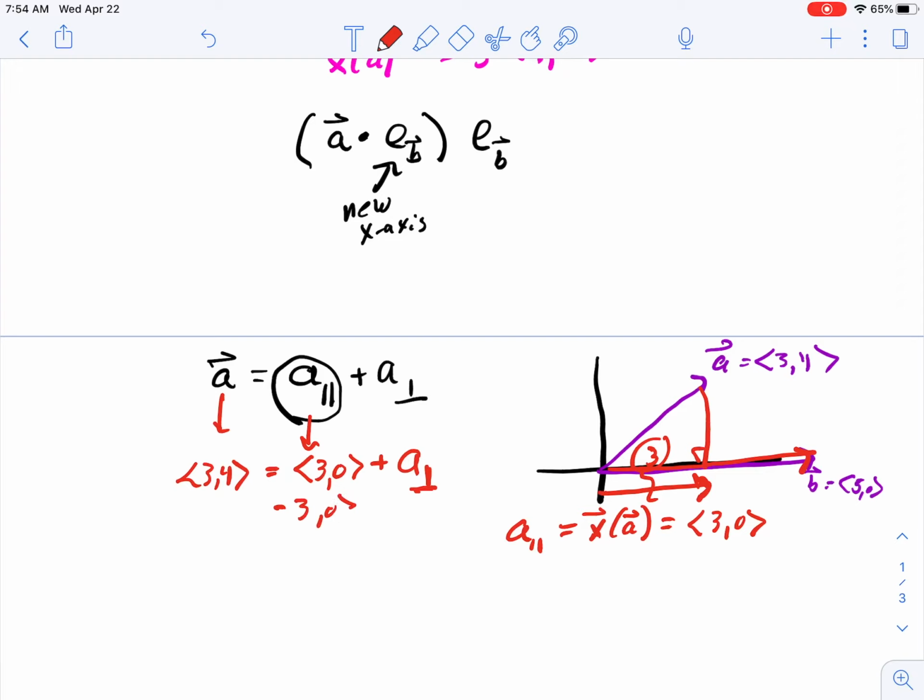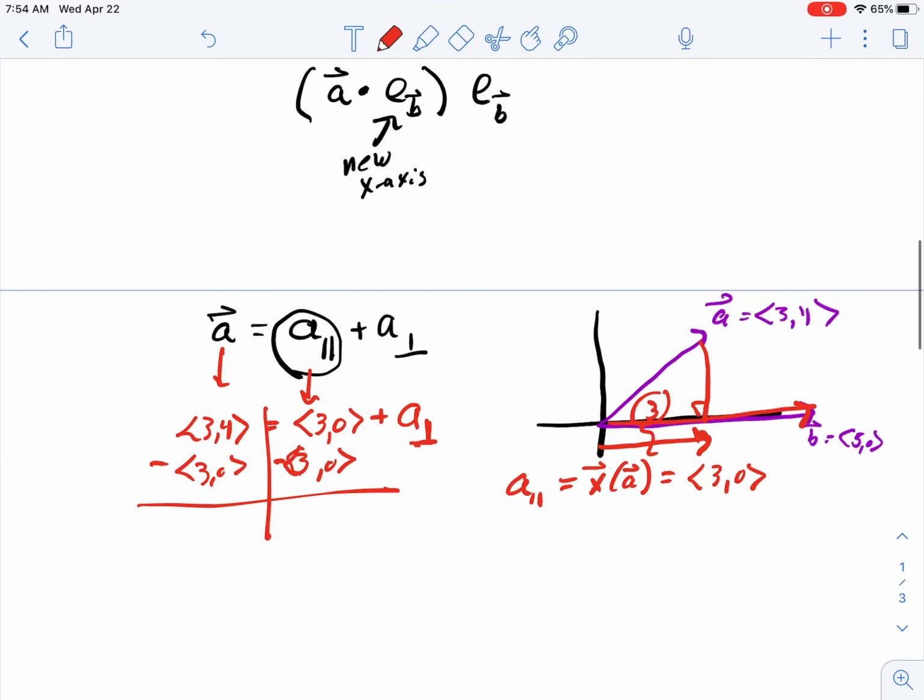So if we subtract 3, 0 on both sides, our A perpendicular would be 0, 4, and notice that's what we have here. This is 0, 4. We want to find the magnitude, easy done from there.